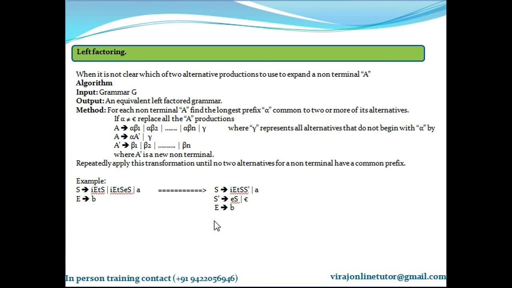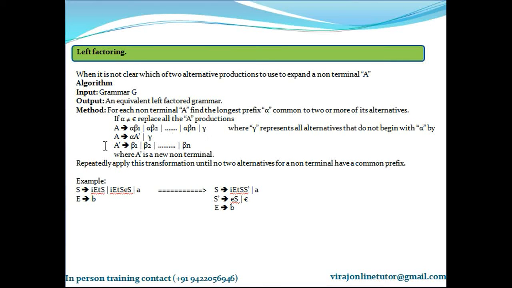Okay, so what is left factoring? In left factoring, whatever is common, you just write it once, and for uncommon, introduce a new non-terminal. This new non-terminal can be ES or epsilon. Same as we did here. Suppose A gives alpha beta 1, alpha beta 2 till alpha beta n or gamma. So here alpha is common and gamma is everything that is not starting with alpha.